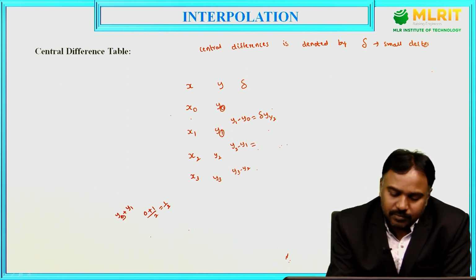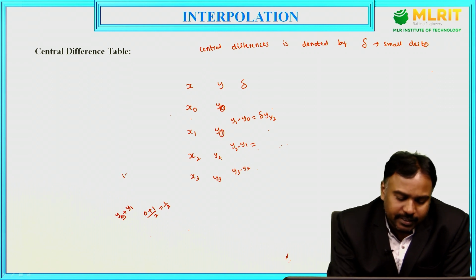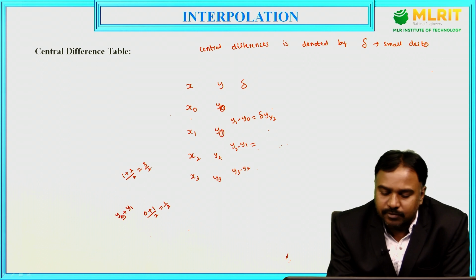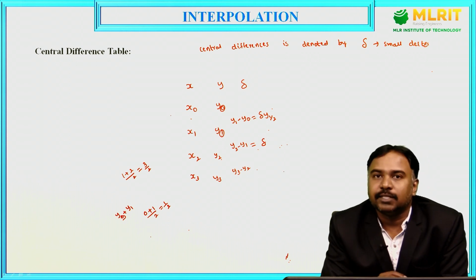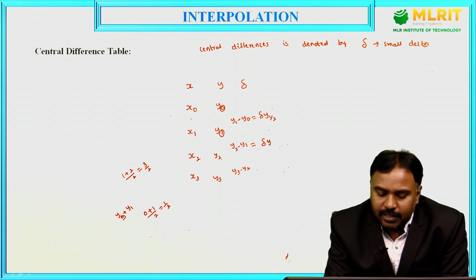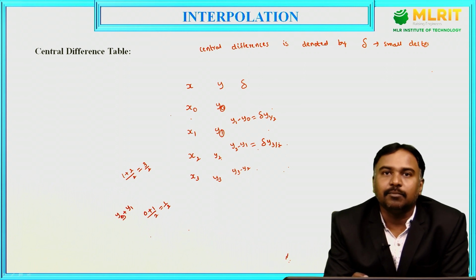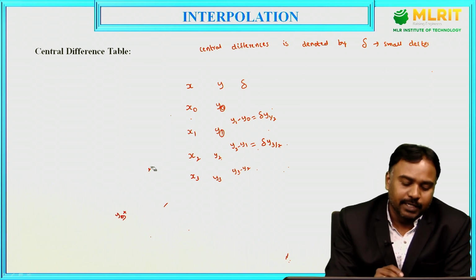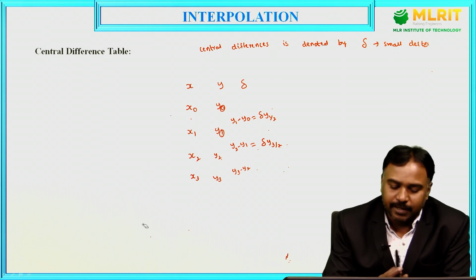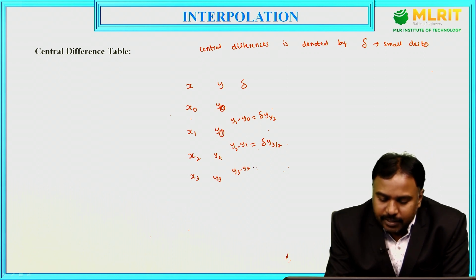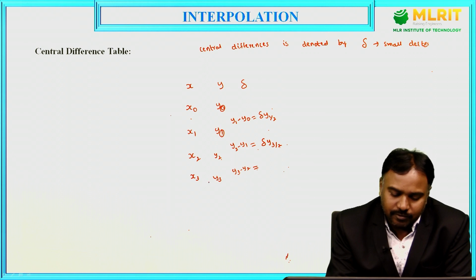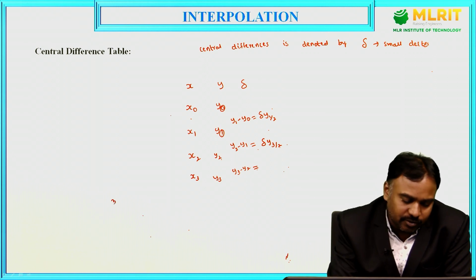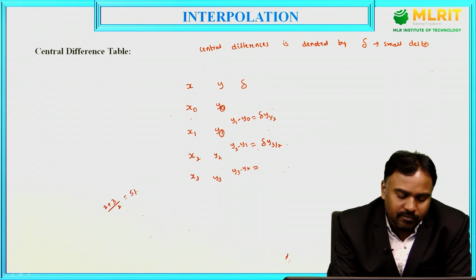Similarly, for these two values we take the average, 1 plus 2 by 2, so it is 3 by 2. These differences we denote as small delta y 3 by 2. Like this we find the last difference as well: y3 minus y2, again taking the average of these two, 2 plus 3 by 2, which is 5 by 2.